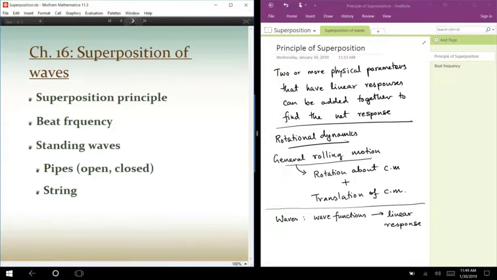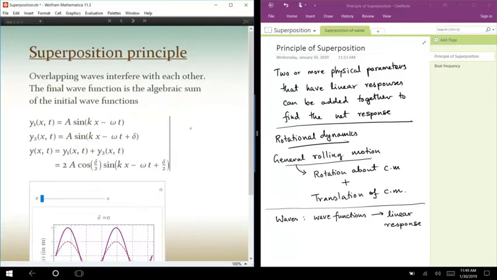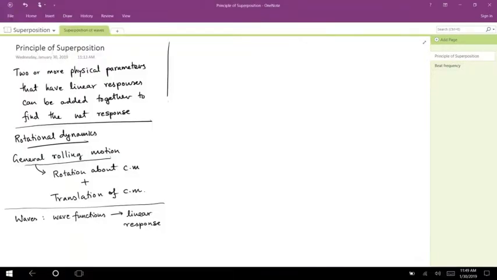What I'm going to do over here is talk about two different interfering, overlapping traveling waves. In these equations, I've written out different kinds of traveling waves. So let's start with that. I'm going to go over to my notepad and talk about the superposition of traveling waves.